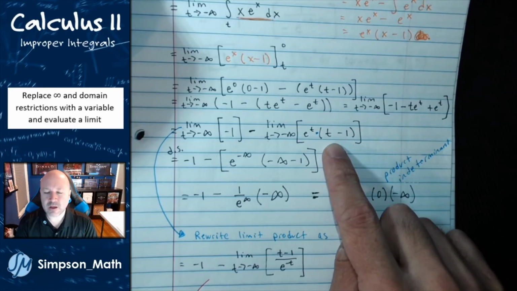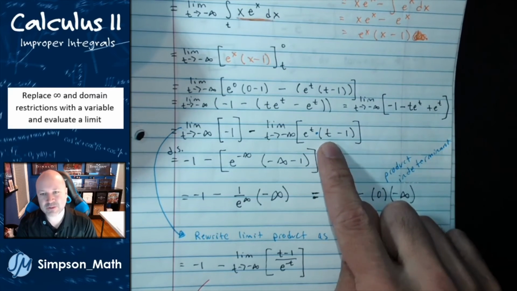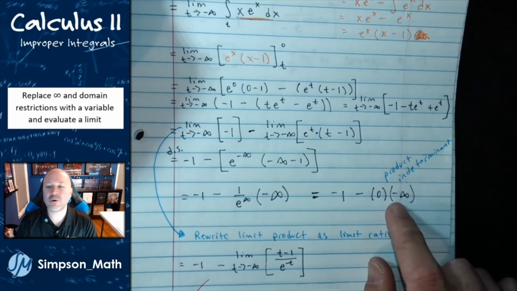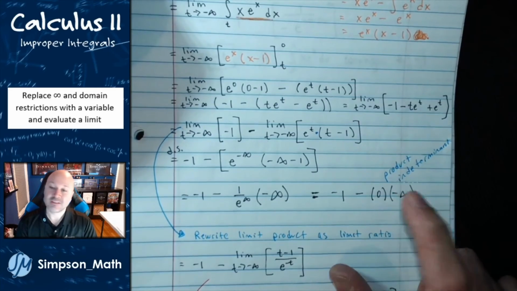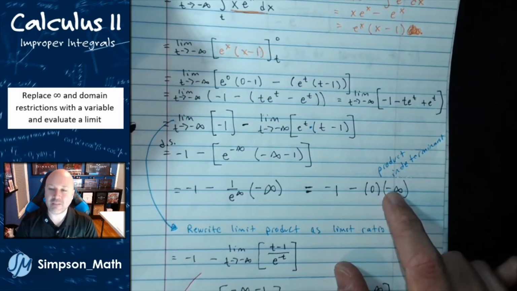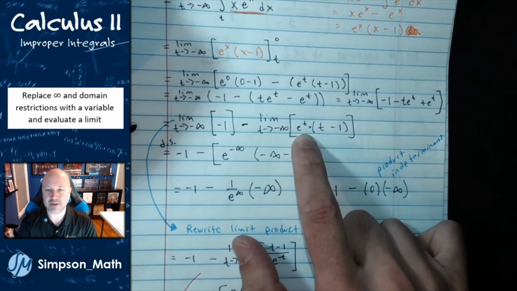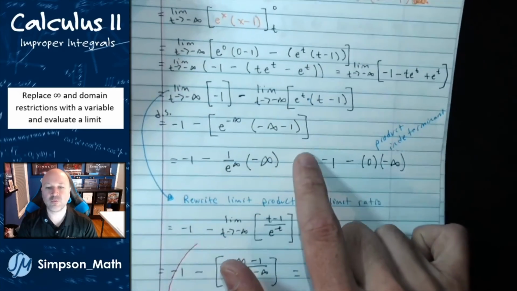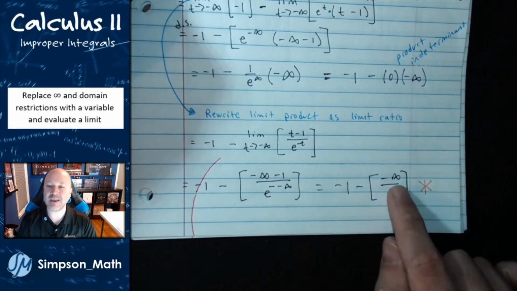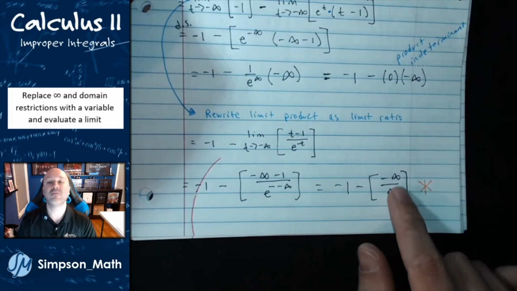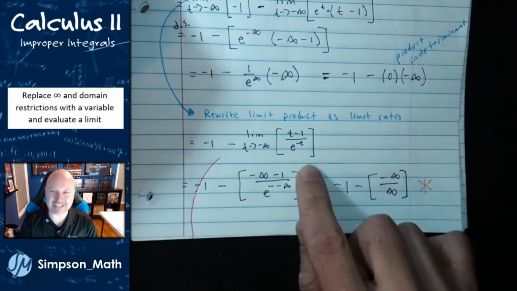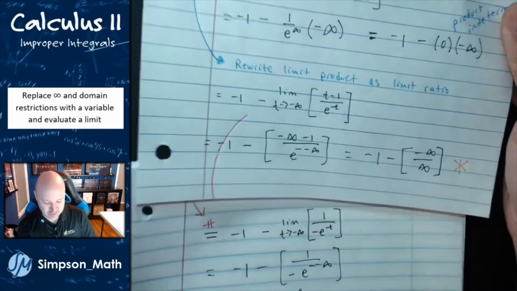All right. Here, I tried direct substitution, and I came across what we called a product indeterminate, where we don't know 0 times negative infinity. Sometimes it's 0, like in this case, but sometimes not. The way we handle that is we change our limit. Instead of taking the limit of a product, we take the limit of a ratio. And if that ratio comes out to be 0 over 0 or infinity over infinity, then we're allowed to apply L'Hopital's rule, which says you can go back to that limit, and that limit is equal to another limit.